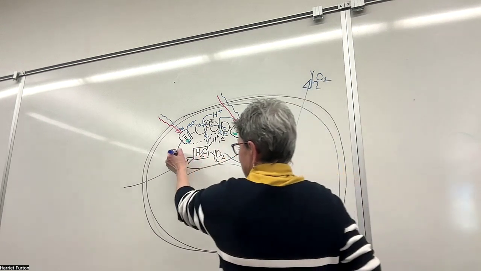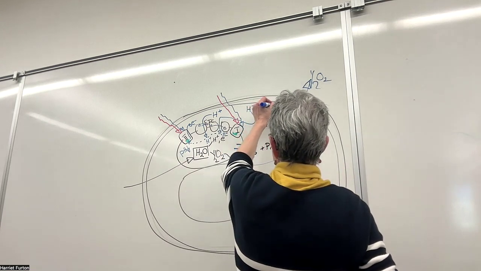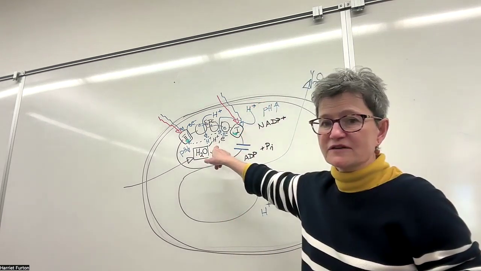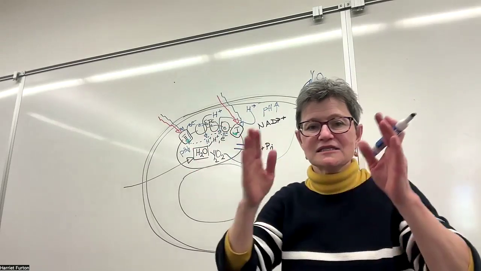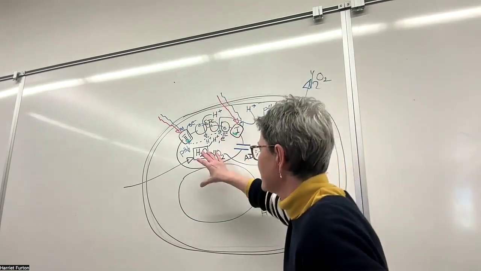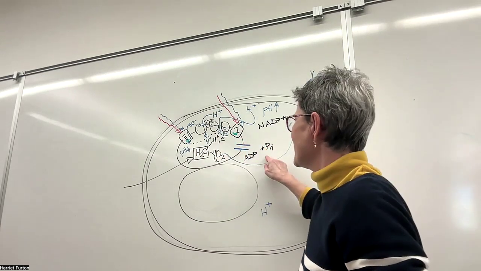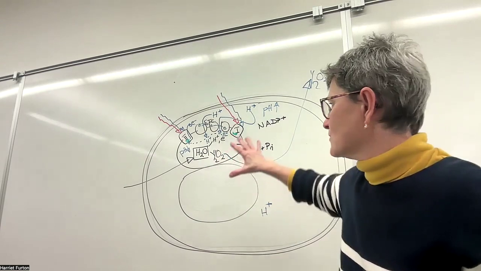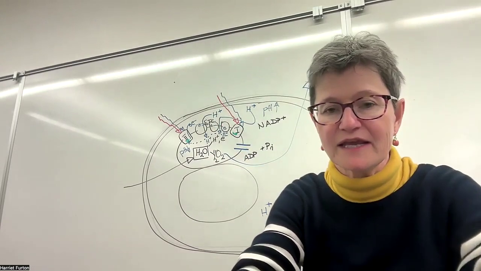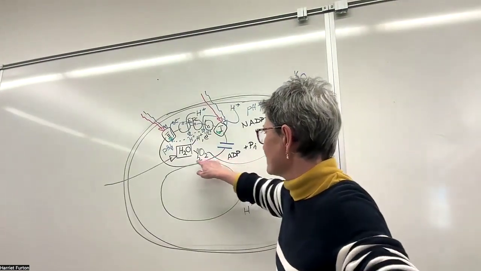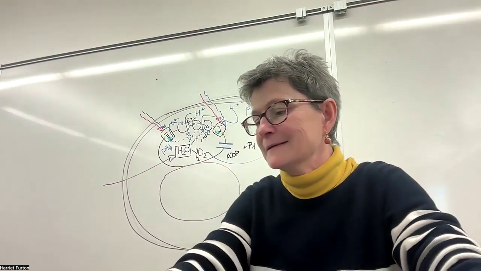So the pH inside will be very low, while the pH outside is going to be high. The concentration of hydrogen ions will be high inside compared to the outside. This is a proton gradient that will drive the ATP synthase to make ATP. So this is the importance of the electron transport chain, to build up a proton gradient along the thylakoid membrane, between the inside and outside of the thylakoid membrane.